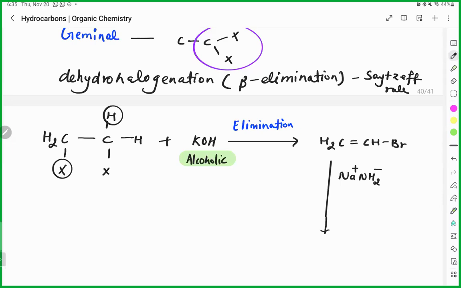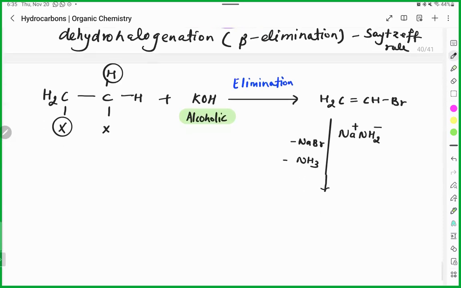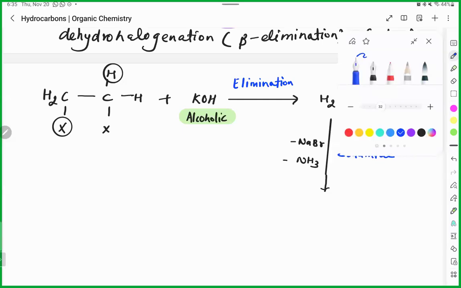Sir, Br will react with sodium to form NaBr, and hydrogen will be removed to go with NH2, which will become NH3. So this molecule's name is sodamide. So again a dehydrohalogenation reaction, but in the presence of sodamide. Ammonia is a stable product. NaBr is a salt, again a stable product.